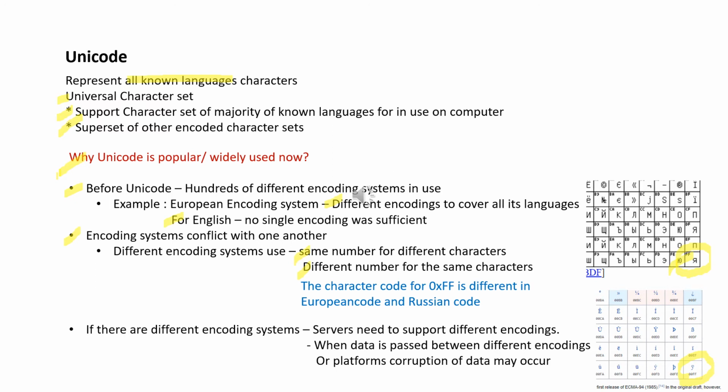And the next disadvantage is that if there are different encoding systems, then the servers have to support the different encodings. And when data is passed between different encoding systems or platforms, the data might get corrupted.